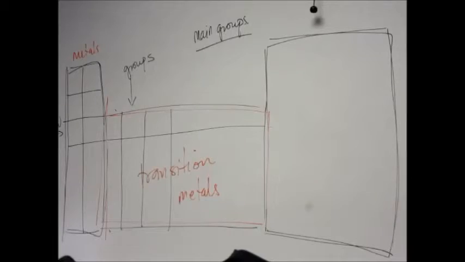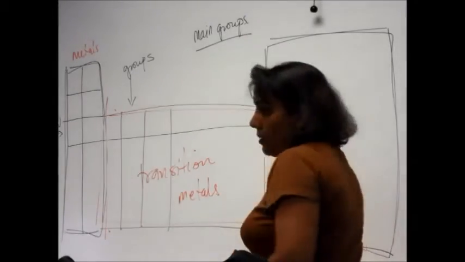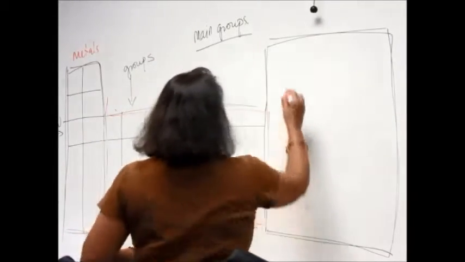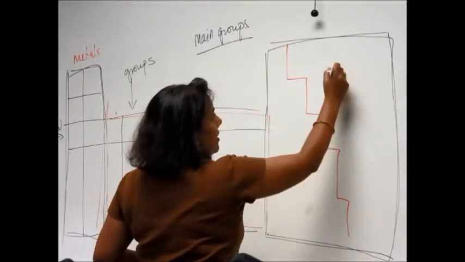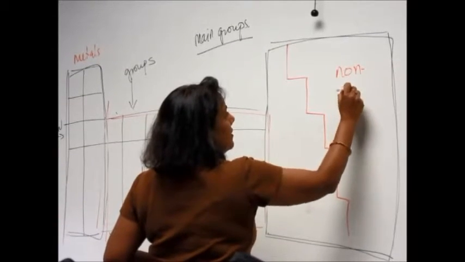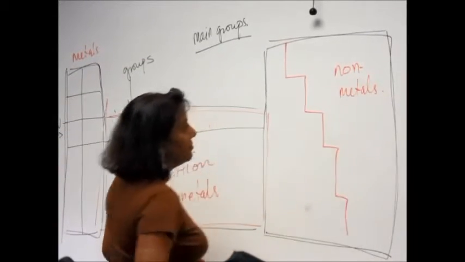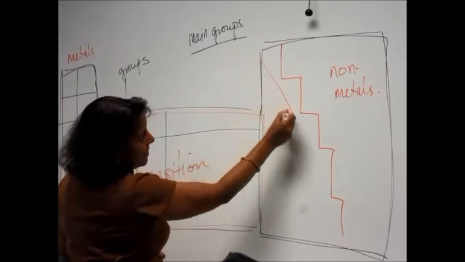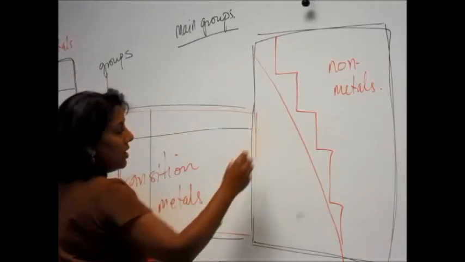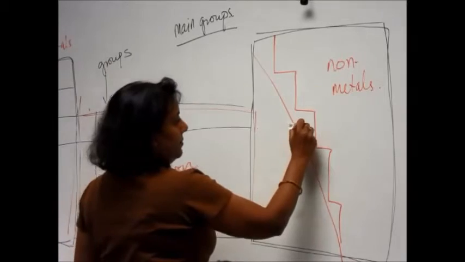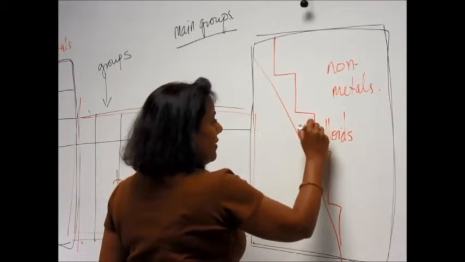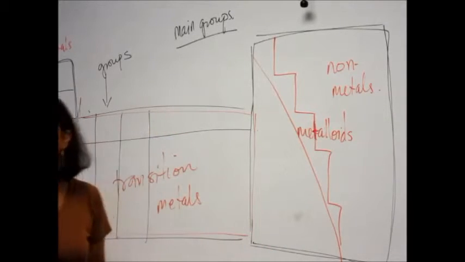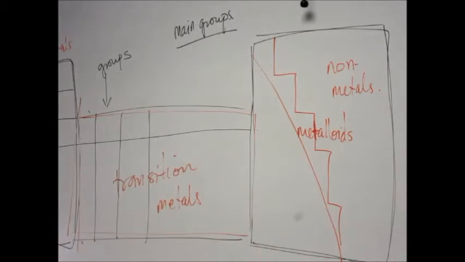This portion here is where the separation is for the periodic table. These are non-metals. These elements that fall in the ladder are called the metalloids. Metalloids are very interesting because metalloids have the properties of both metals and nonmetals.